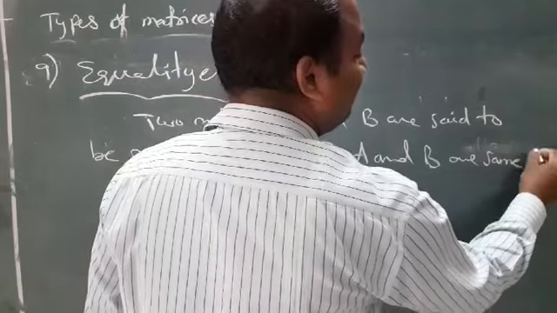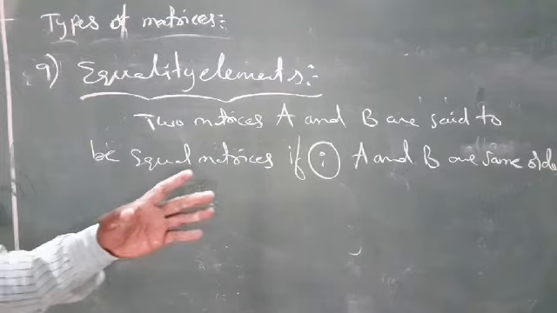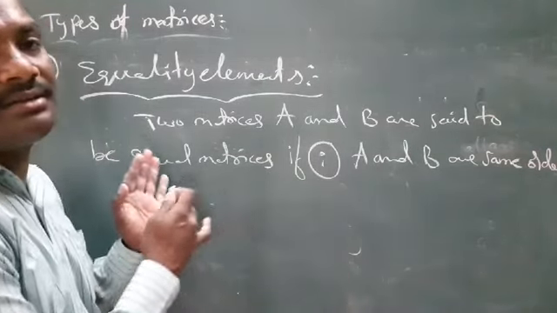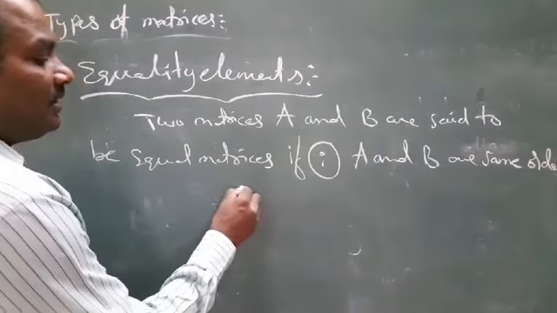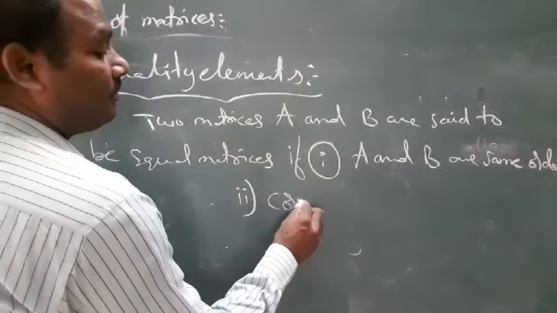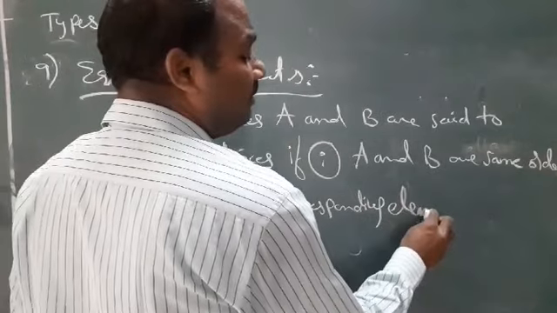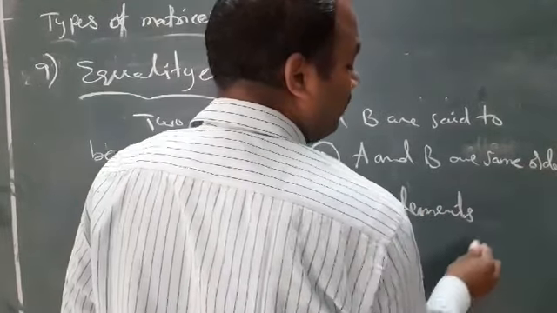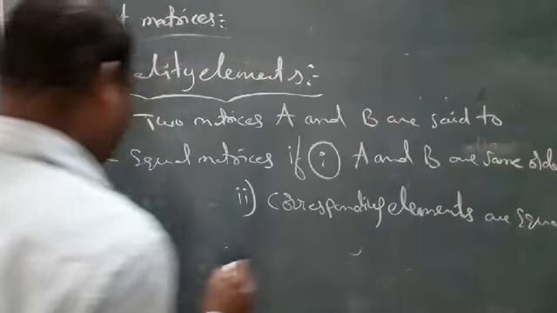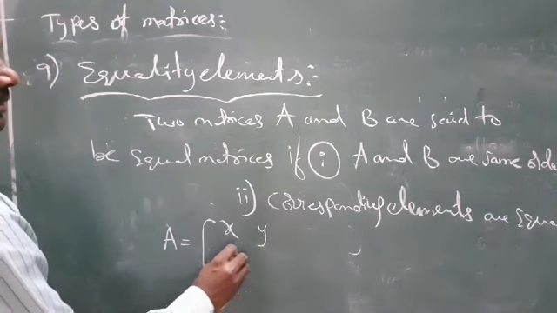The order of matrix A and the order of matrix B should be the same. Second, corresponding elements are equal. Now for example, A is equal to x, y, z, p.